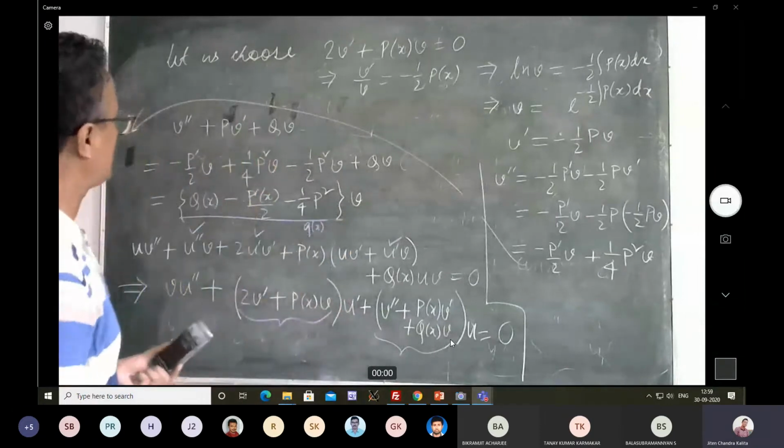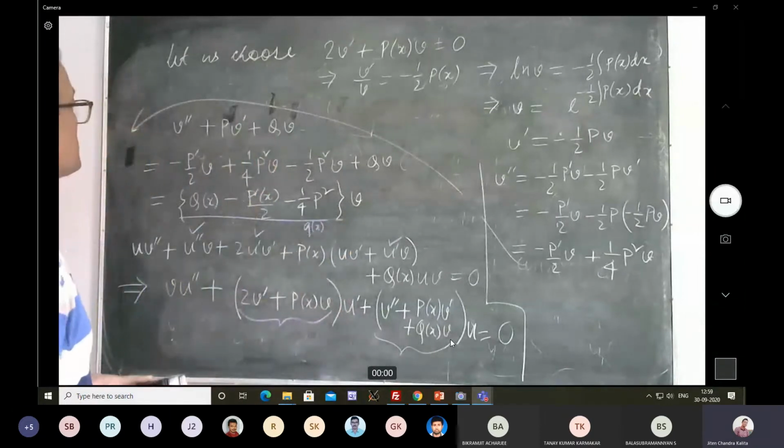That term under the parenthesis I call small q(x).